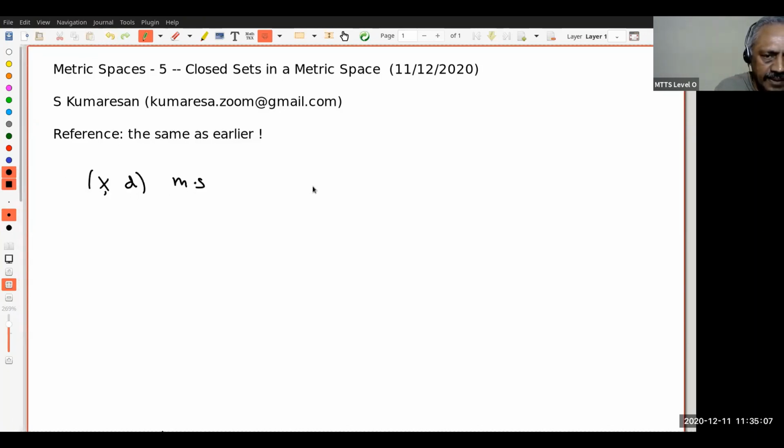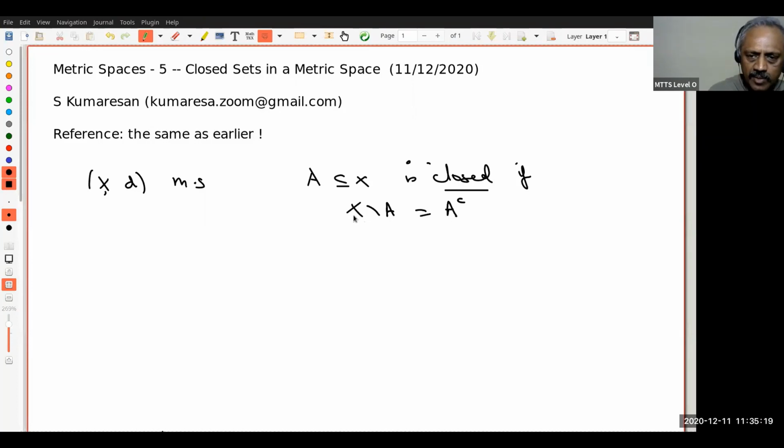I have a subset A of X. I say it's closed if X minus A is open. The usual notation is A complement, but the modern accepted notation is X minus A, so I will avoid the other one. As far as possible, I will try to use X minus A rather than A complement. Is the definition clear?